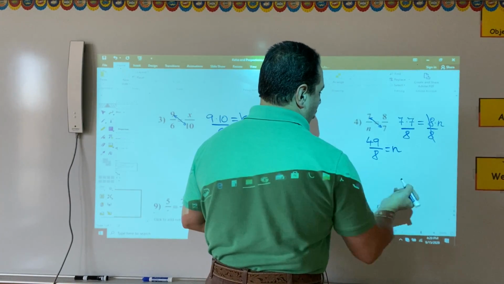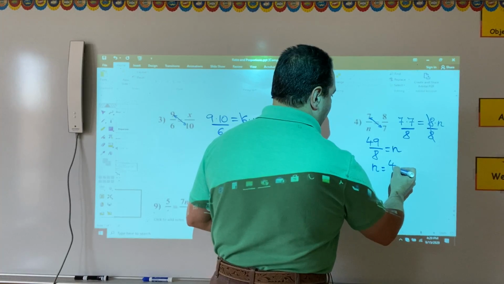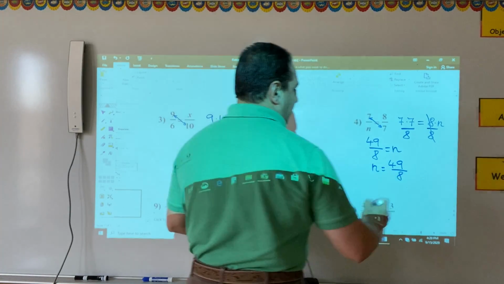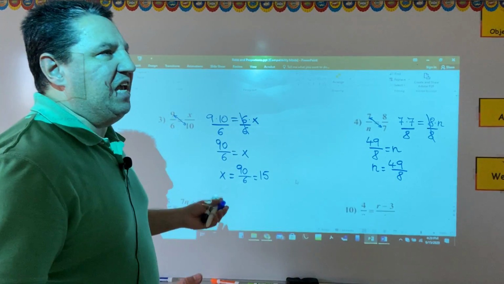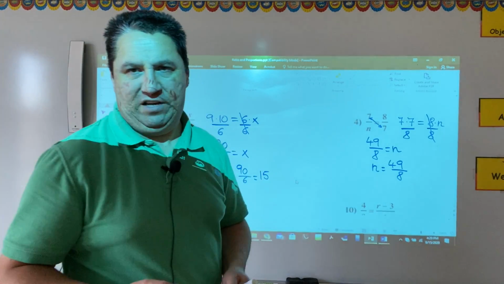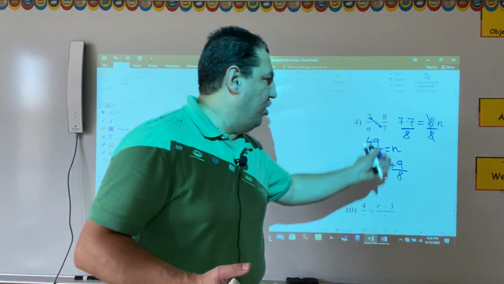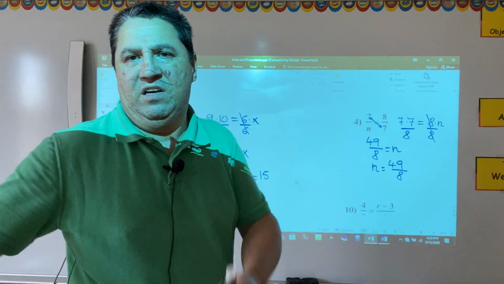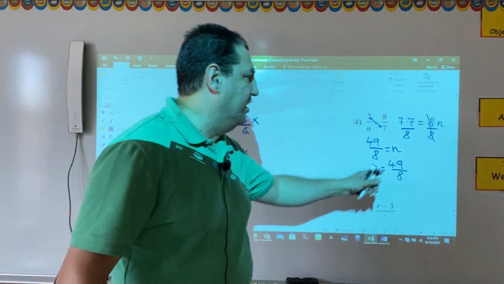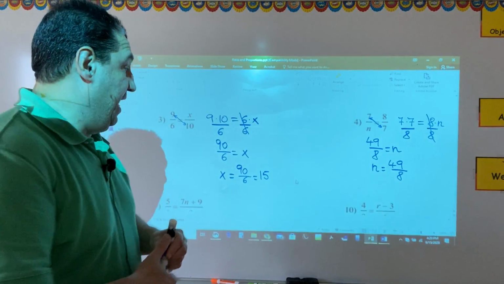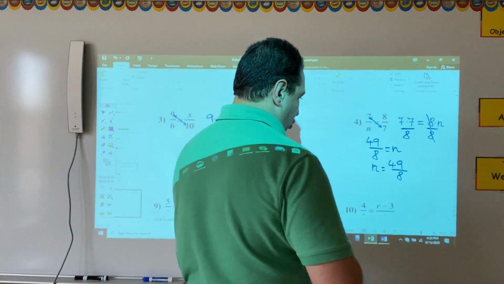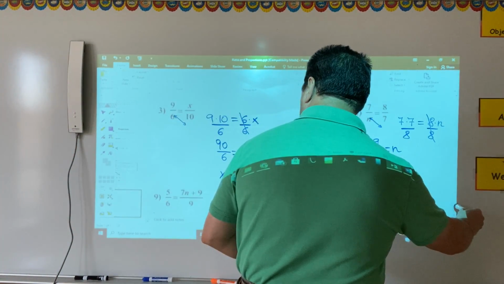Or n equals 49 over 8. This time we cannot simplify this fraction because there is no common factor. If you like, you can divide them and approximate the quotient. Good. Let's have 2 more examples.